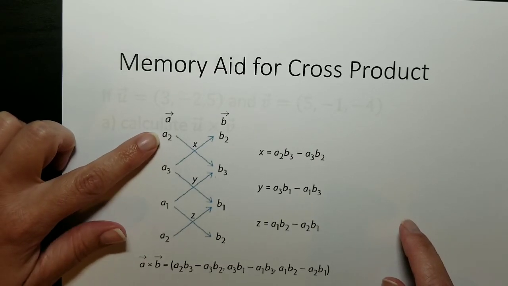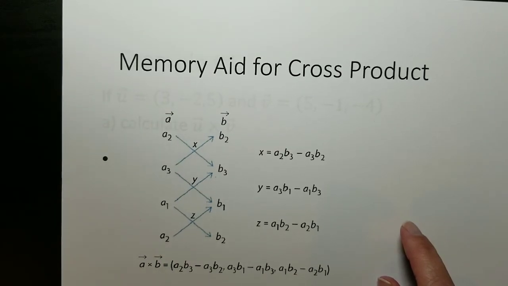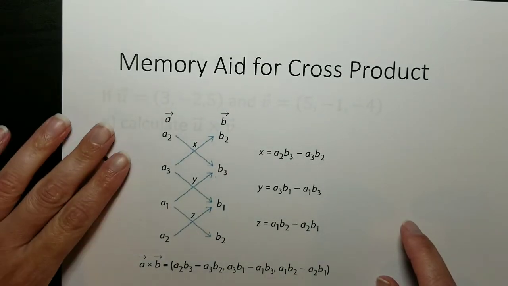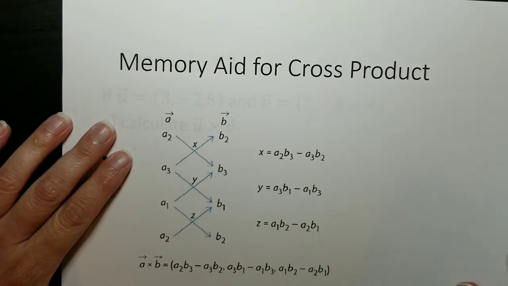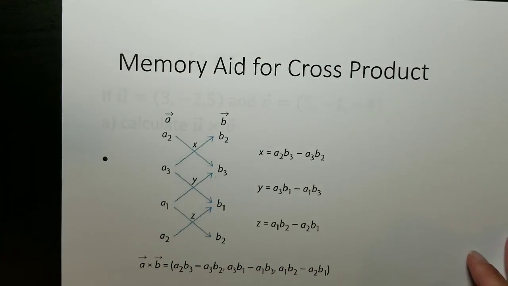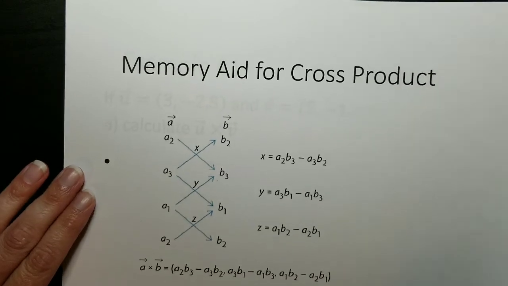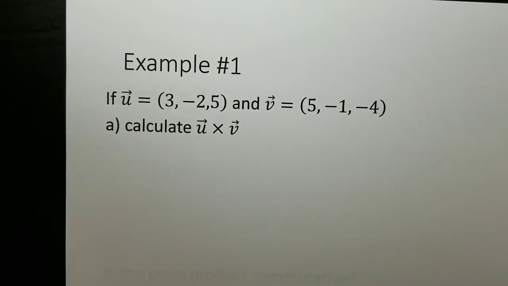So I'm going to go right into an example and show you how to use this shortcut, where you don't have to memorize the equations at all. So we are going to calculate U cross V.